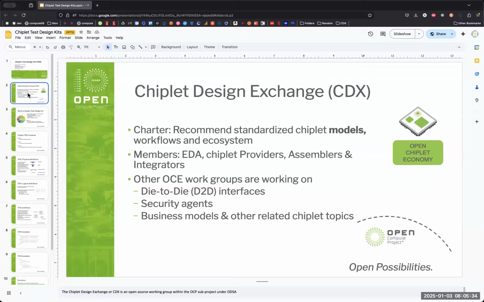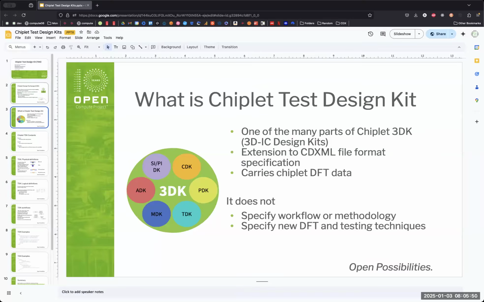So the focus of this contribution is specifically on the models part. This is something that we have been working on last year. Let me actually start and talk a little bit about the test design kit. It's just one of the pieces of the 3DK. It's the 3DIC design kit.